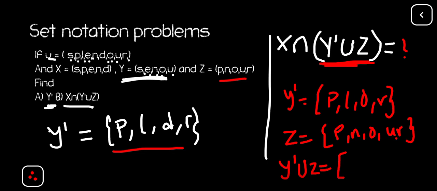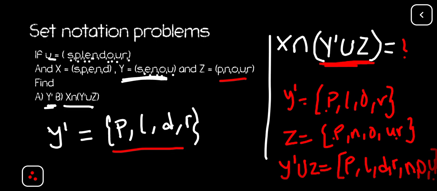So we're not going to write PP, we're just going to write P because it appears in both of them. It's a common value. Then we have L, D, R, then we have N, O, U.